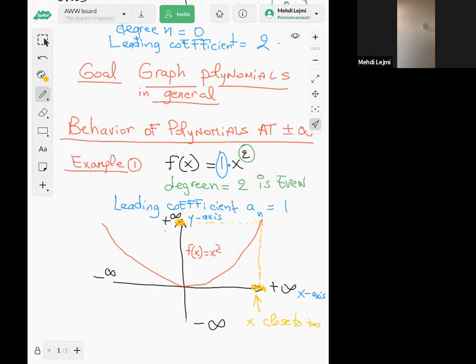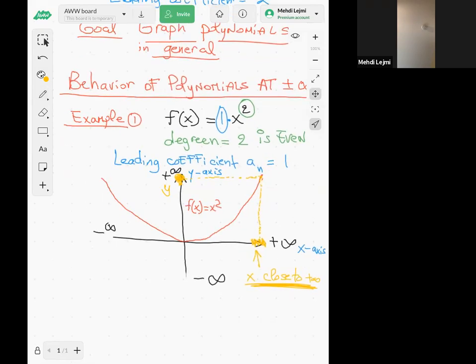So what I'm saying is, if my x is close to positive infinity, then the output y is also close to positive infinity. I'm going to write down what I just said.